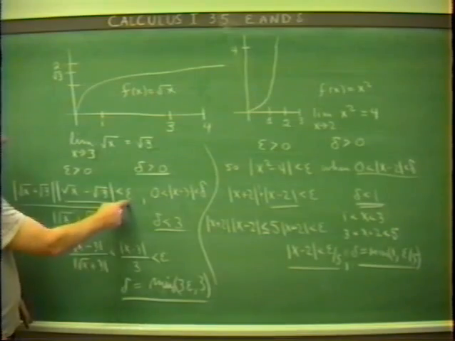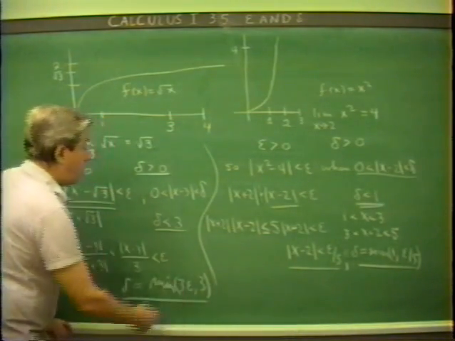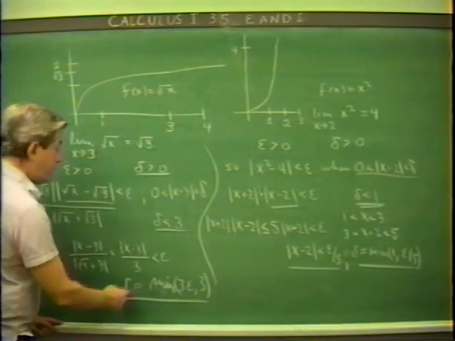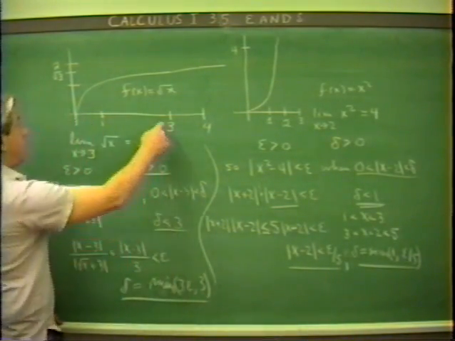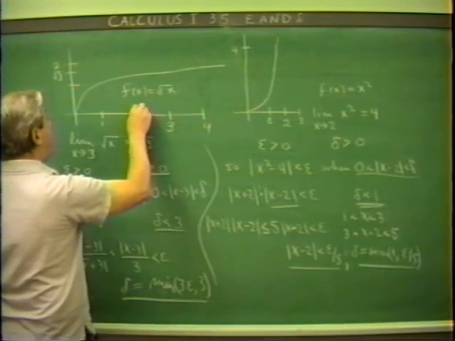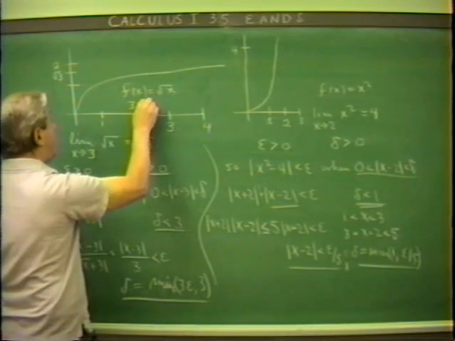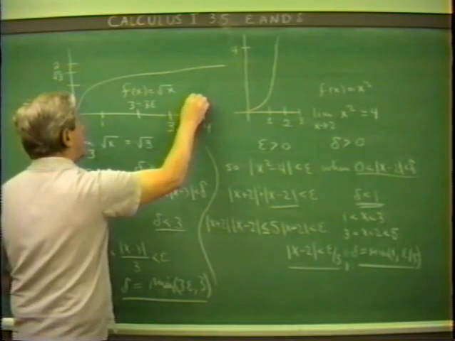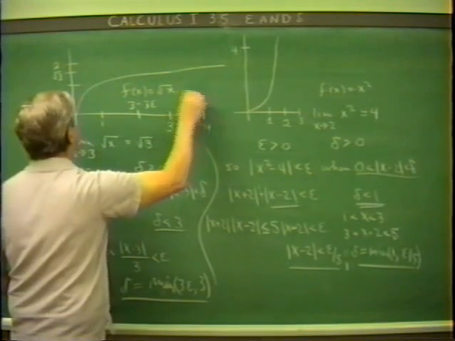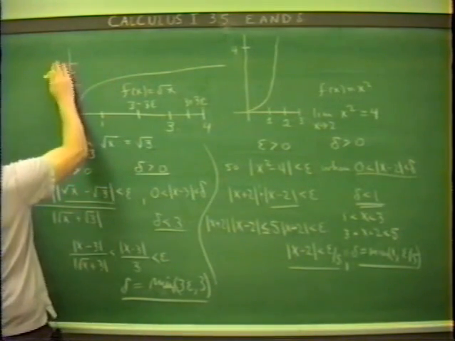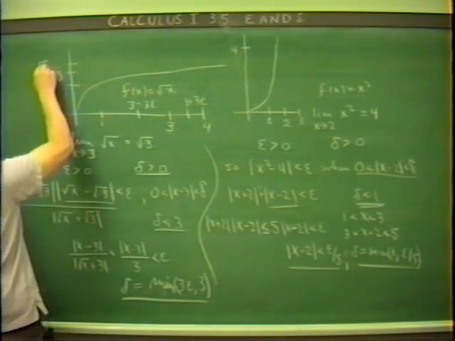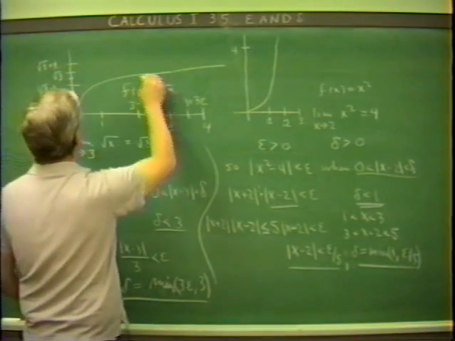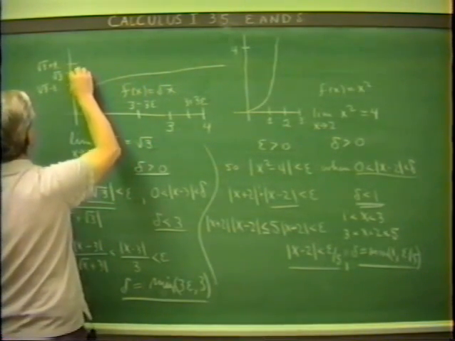Then, when 0 is less than absolute x minus a less than delta, the absolute value of g of x minus m is less than epsilon, taking epsilon to be absolute m over 2. That's to say, absolute g of x minus m is less than absolute m over 2. And here we get that g of x is larger than m minus absolute m over 2. Let's see, if m is positive, g of x is larger than m over 2.